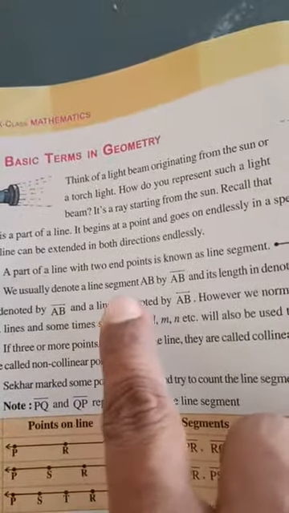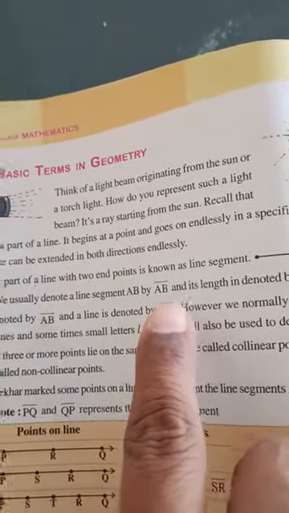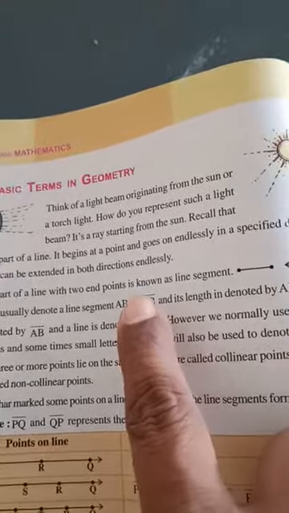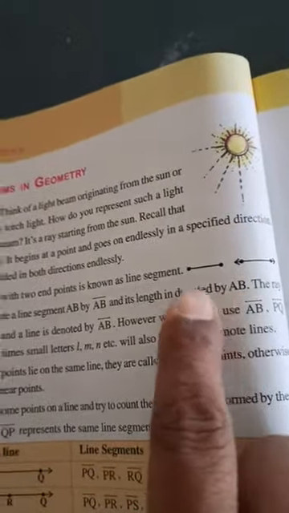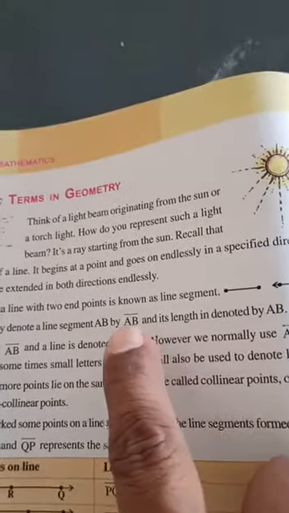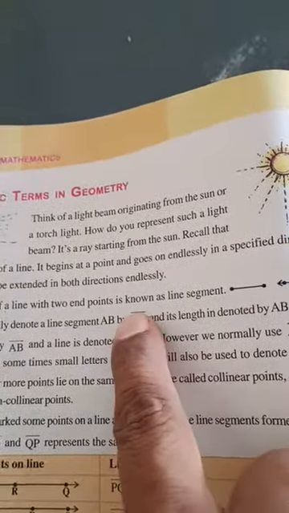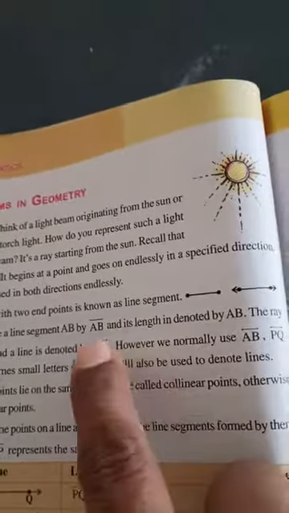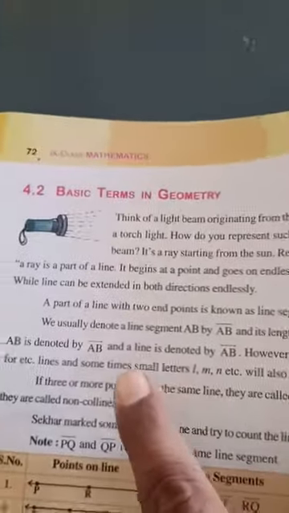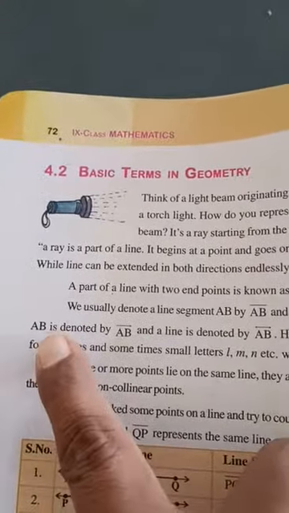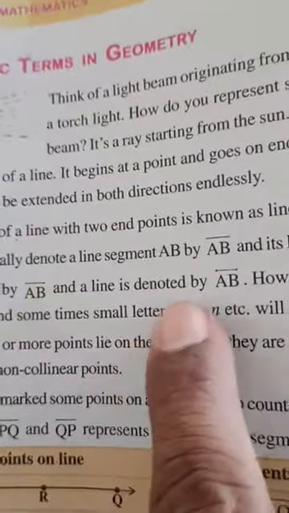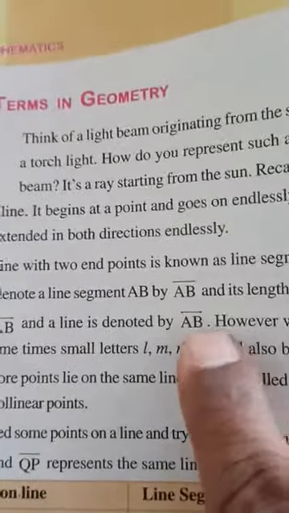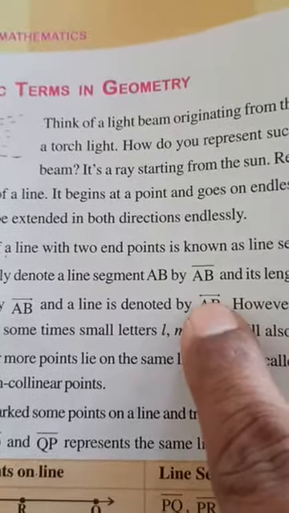We usually denote line segment AB by AB with a line segment symbol upon it, and its length is denoted by just AB. The ray is denoted by AB with the ray symbol upon it, and the line is denoted by AB with a line symbol upon it.